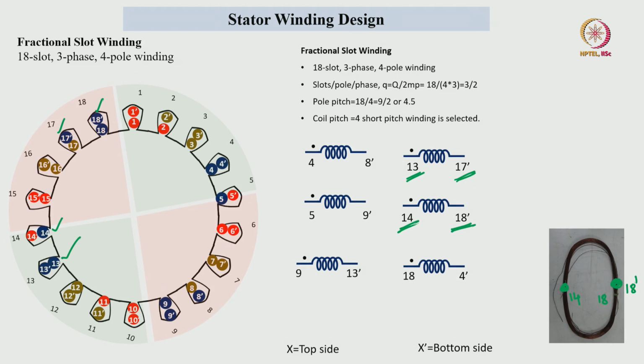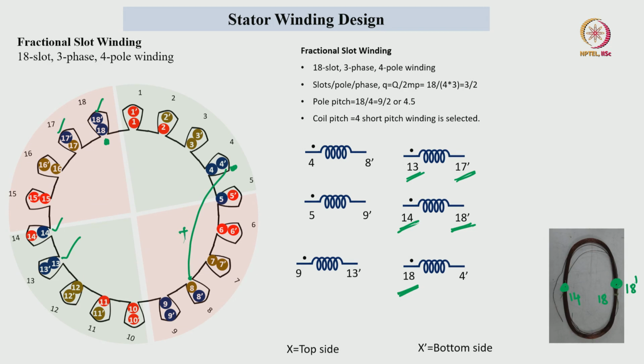So, the last coil related to the third phase or C phase windings is the 18th slot top side, that is this portion, and the 4th slot bottom side. For the forward direction with respect to the 4th slot top side, it will be the 8th slot top side, that is not possible, so 4th slot bottom to 8th slot top side.